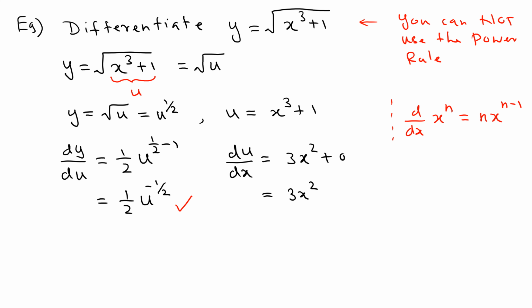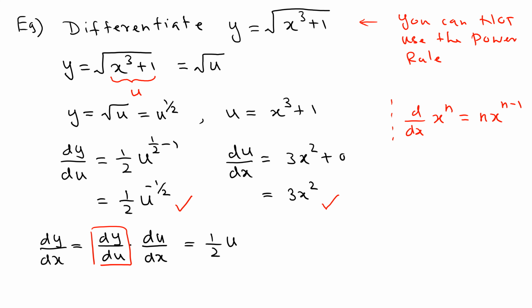So we found two derivatives: the first with respect to u, the second with respect to x. Now we plug into the formula, which says dy over dx equals dy over du times du over dx. It is always a good idea to write this formula when you do problems, so you don't make mistakes. We get 1/2 u to the negative 1/2 times 3x squared.